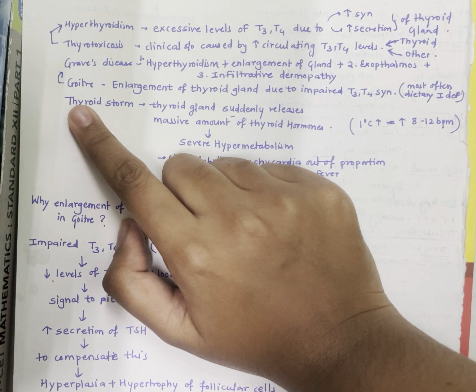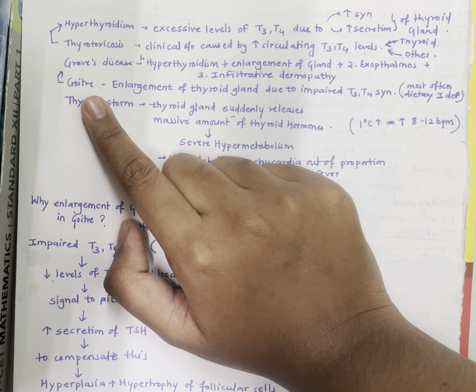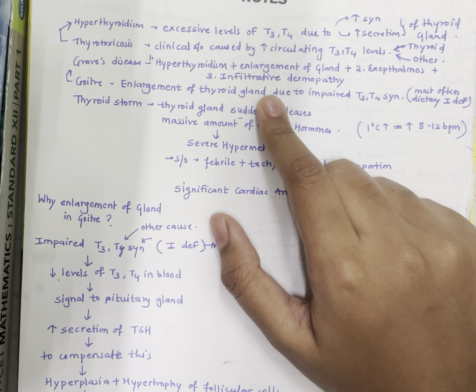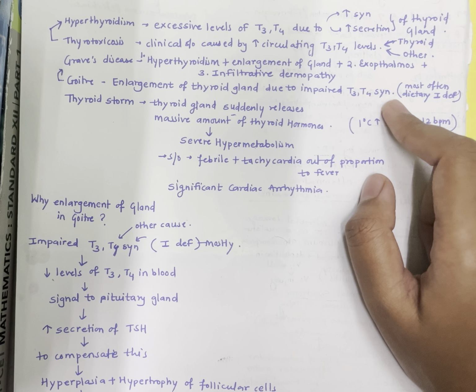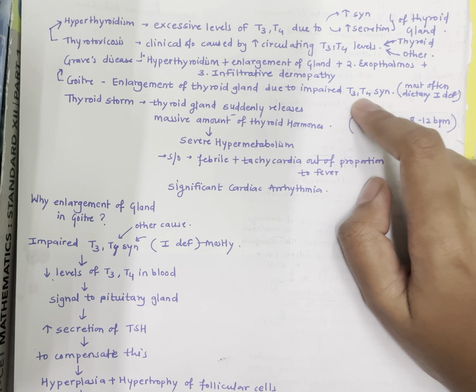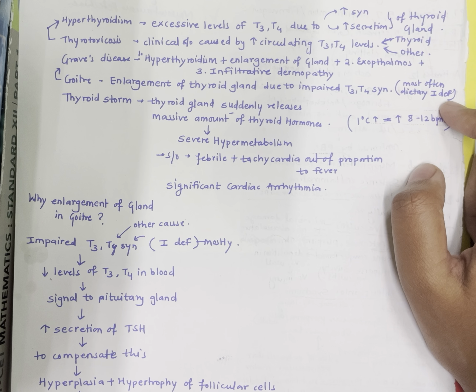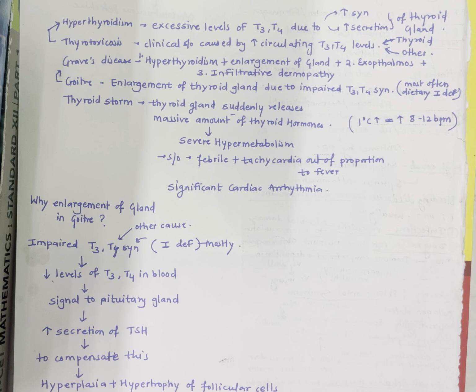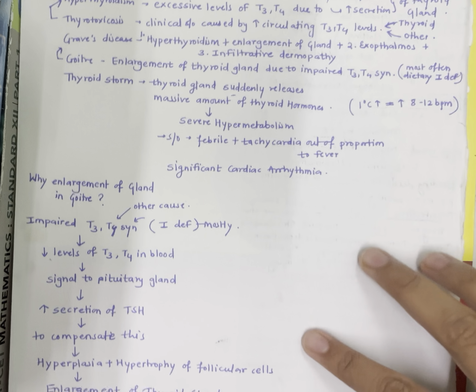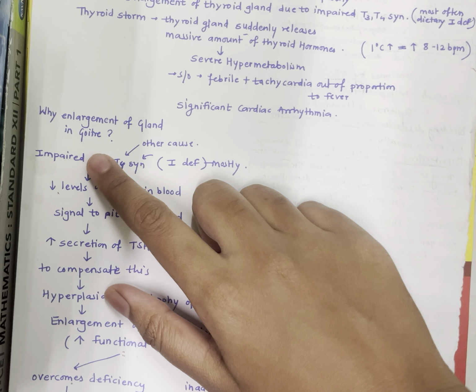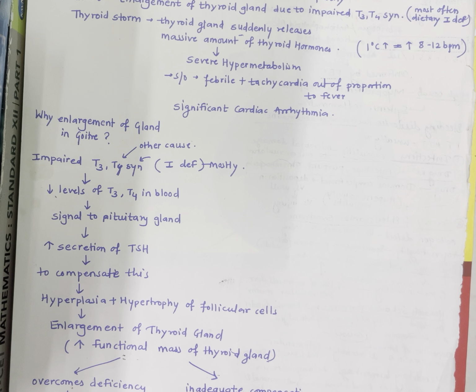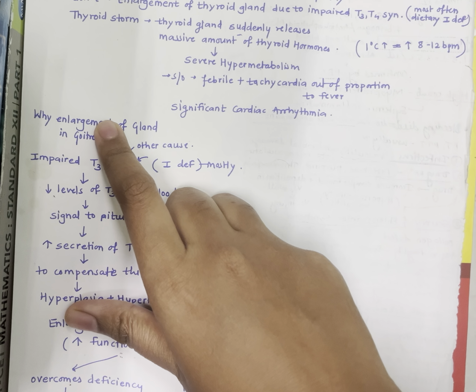Okay, the next term is goiter. In goiter there is again enlargement of gland due to impaired T3 T4 synthesis, but most often the cause is dietary iodine deficiency. Okay, we know this, but I also want to share why there is enlargement of gland in goiter. There is iodine deficiency, but why has enlargement happened?